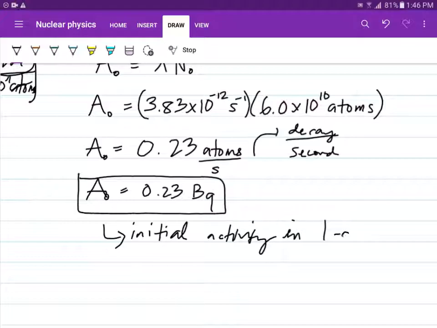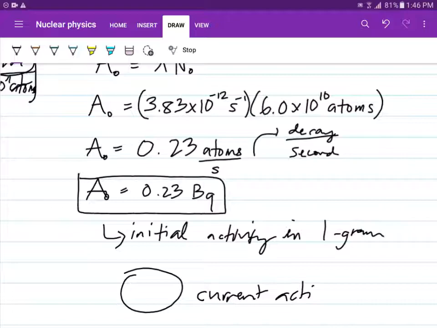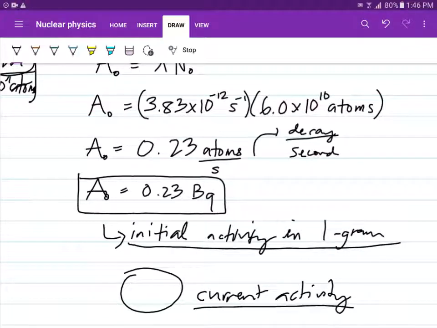In 1 gram, suppose that we have obtained an artifact and we measured its current activity. Comparing this initial activity and the current activity, we can measure the time interval between those two events.